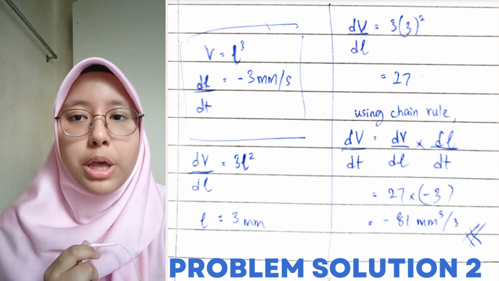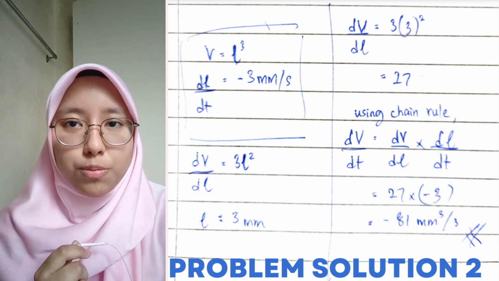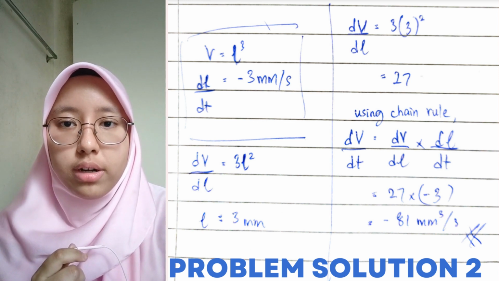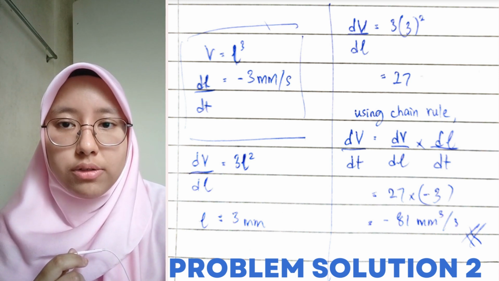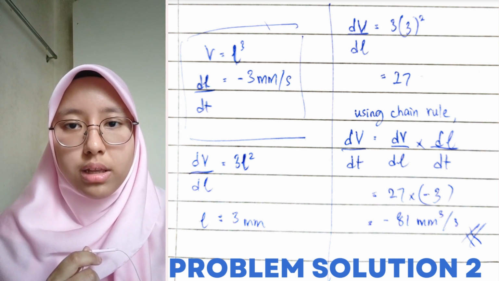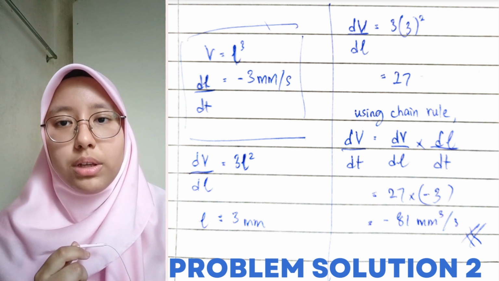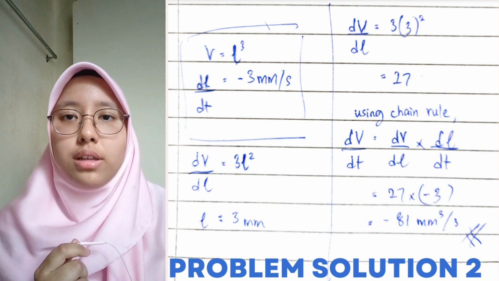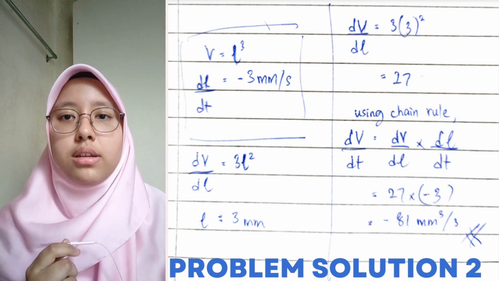First of all, we need to differentiate the volume to get dV over dL, which equals 3L squared. When the sides are 3 mm each, which is equivalent to L equals 3, dV over dL equals 3 times 3 squared equals 27.